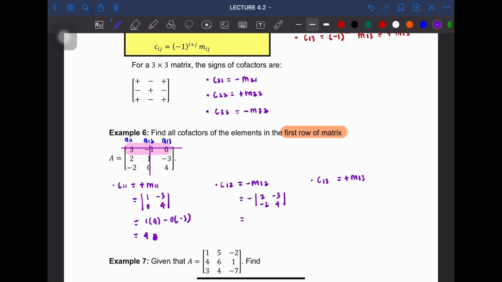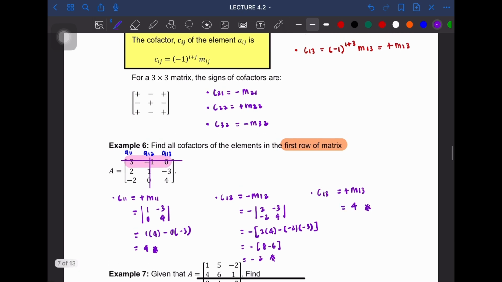Based on the formula, we multiply AD and then minus BC. So 2 times 4 minus negative 2 multiplied by negative 3. You get 8 minus 6, equal to 2, so C12 is negative 2. The same steps apply for the last one, so you can try it on your own. Your answer is 4.